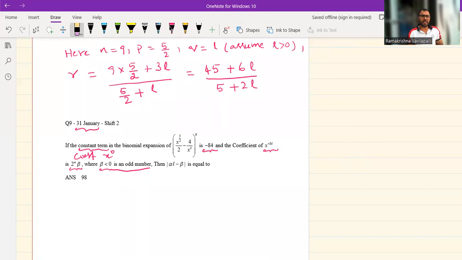So here K equal to 0, because we want to find out the constant term. So here this term won't be there. This is 0.